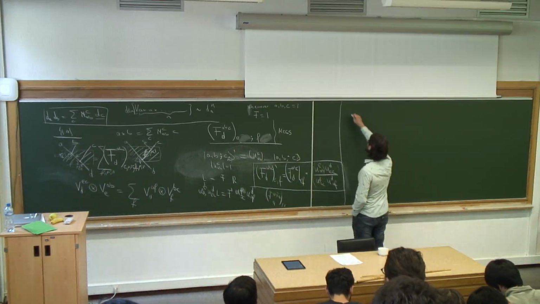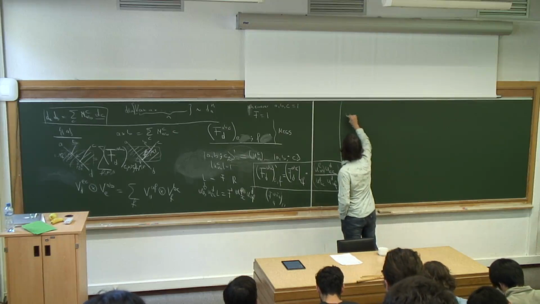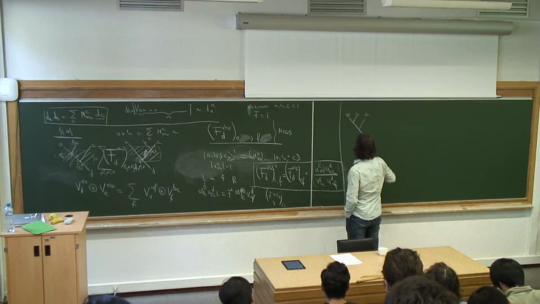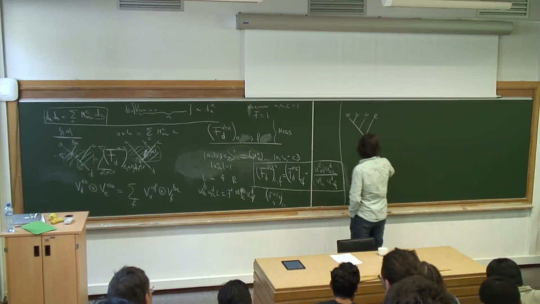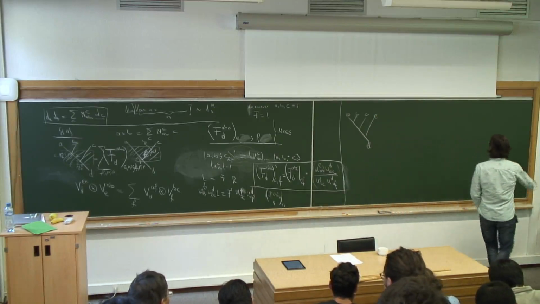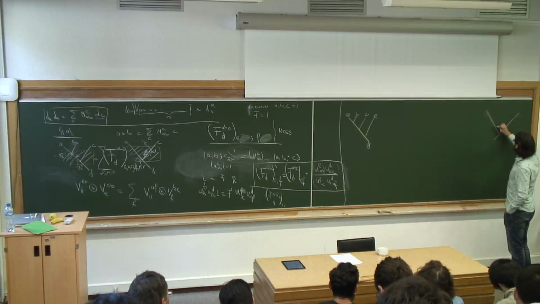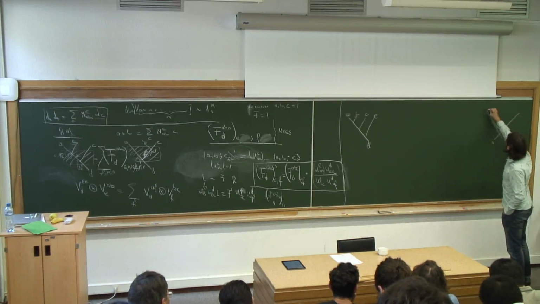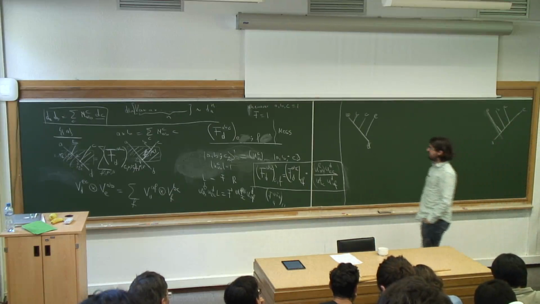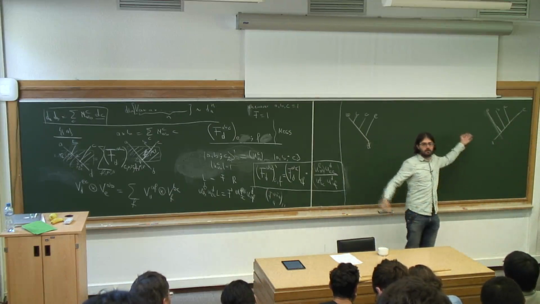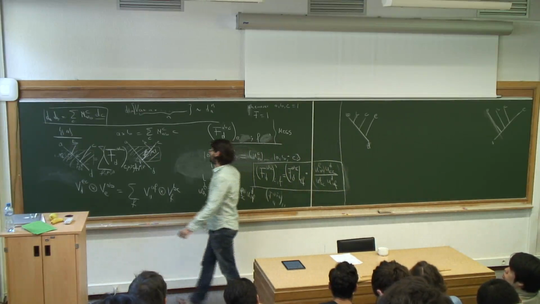So I'm going to split the particle D into A, B, C, and E. But I know that there's another way of splitting it, which is D, A, B, C, and E. So somehow I must be able to go between this and this, just by making transformations on my space, making F moves.